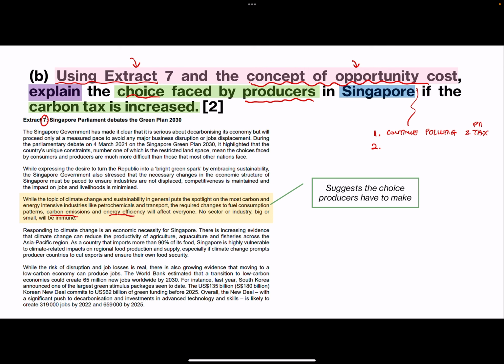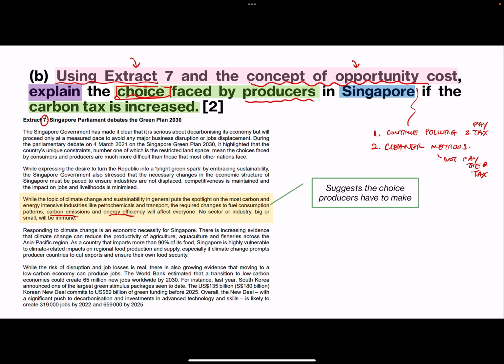Or number two, I can choose to use cleaner methods of production and not pay the tax. Opportunity cost is the net benefit of the next best alternative foregone. In order to forego something, you must choose something and then forego something. That's why the word choice is here.